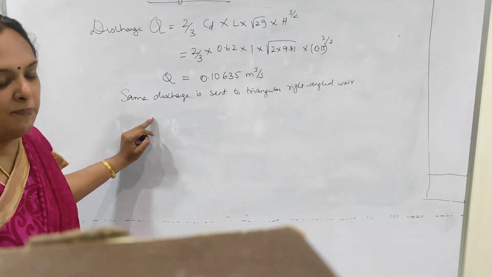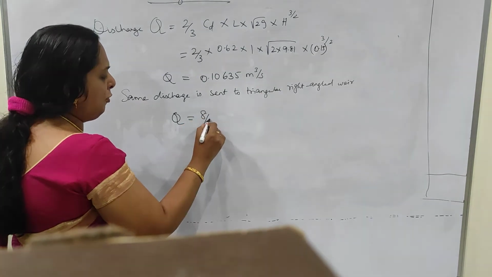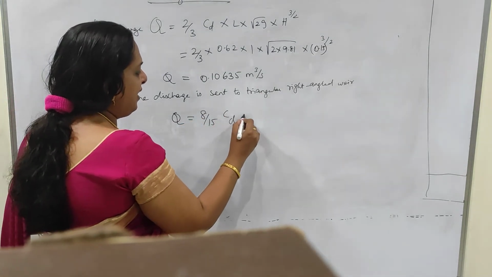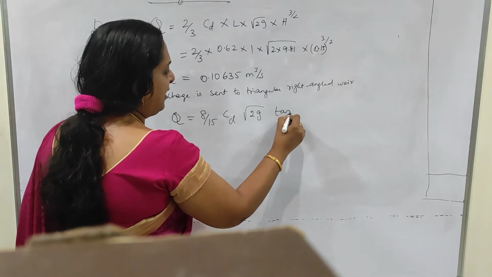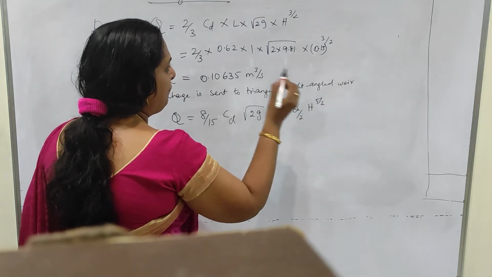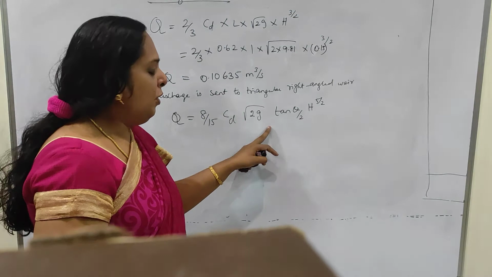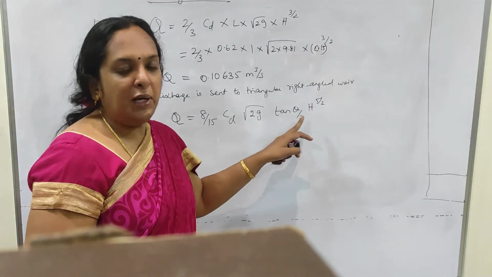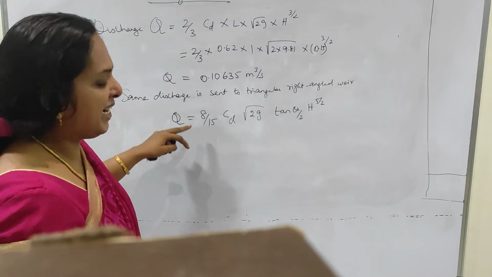So what is the formula here for the triangular weir? Q is equal to 8 by 15 CD into root 2g into tan theta by 2 into h to the power of 5 by 2. So what is the difference between these two equations, rectangular and triangular?